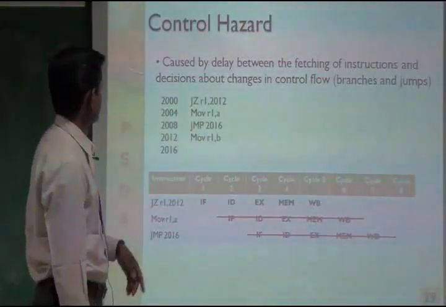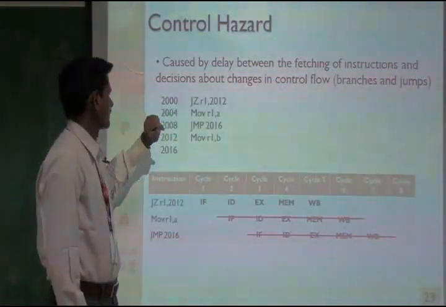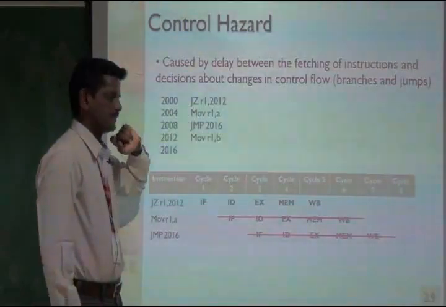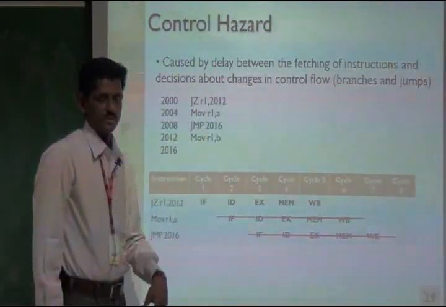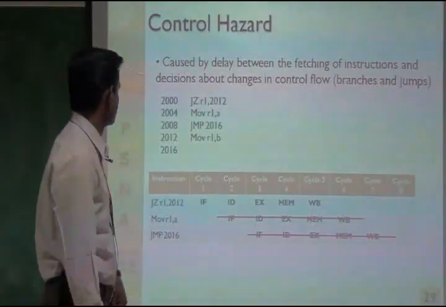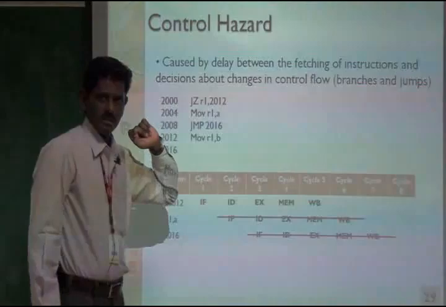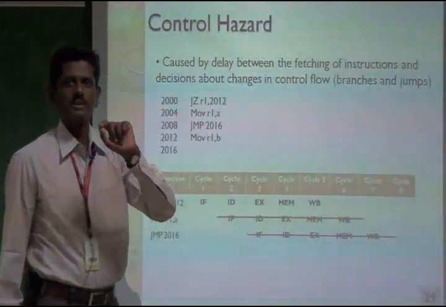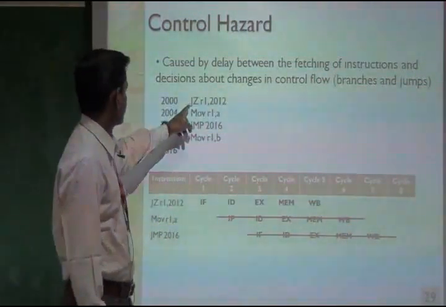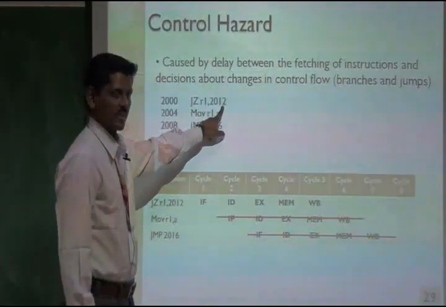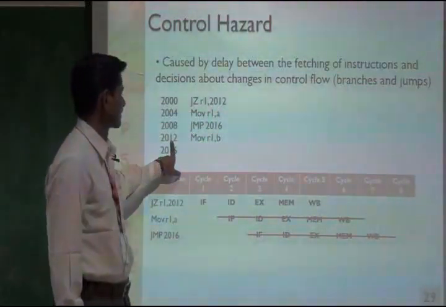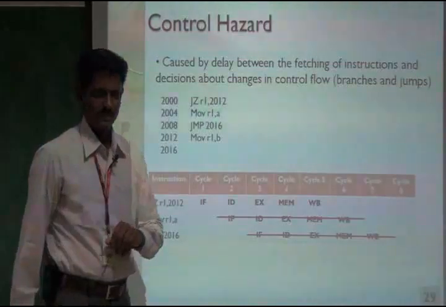So take this code, a jump instruction, jump 0 R1 comma 2012. It means it is going to check the value of R1. If the value of R1 is 0, it may jump to this location, that is, it goes and executes instruction 4.